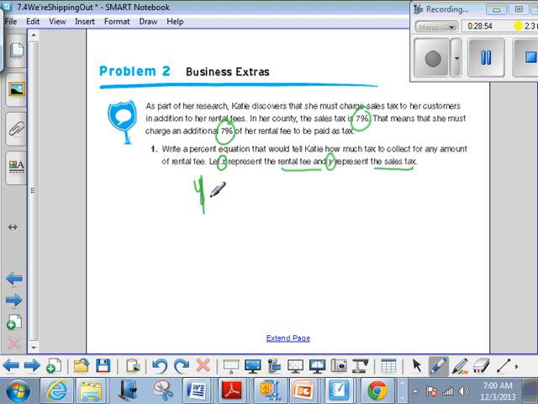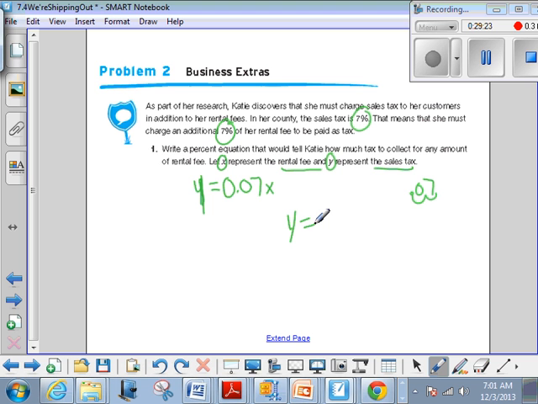So I know y is equal to 0.07 times whatever the total rental fee is, which is represented by x. We could also write that as y is equal to 7/100 x. And then you can see these mean the same exact thing, because we have 7/100 written here as a decimal and then 7/100 as a fraction.